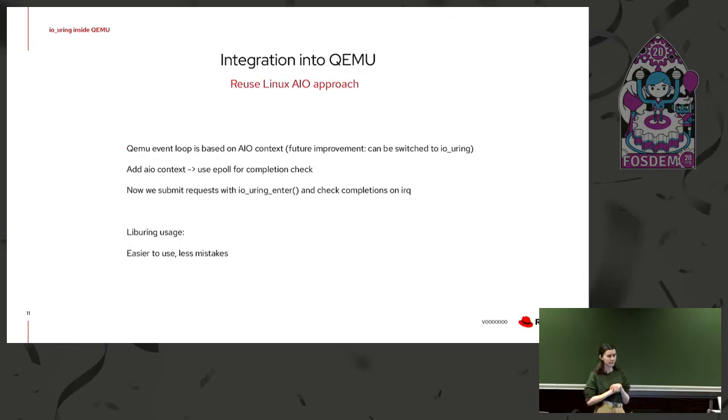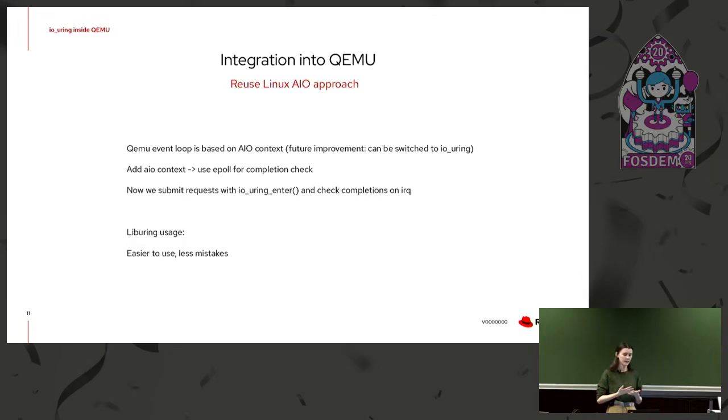How did we integrate it? We use the same approach that Linux I/O actually implemented. We have the QEMU event loop, which is based on the I/O context. We just add the I/O context in the pool and use the file descriptor to epoll for completion checks.